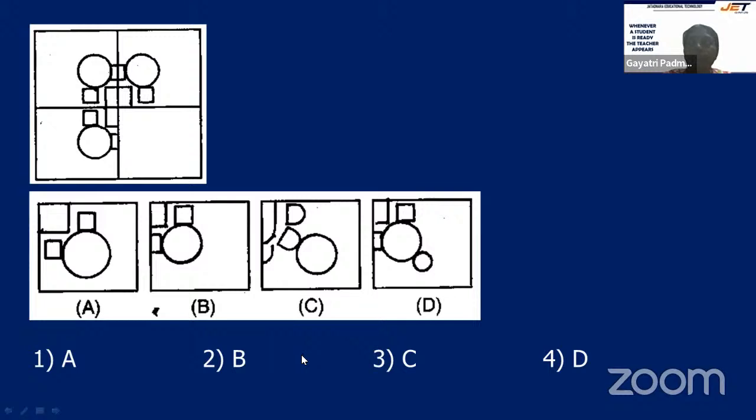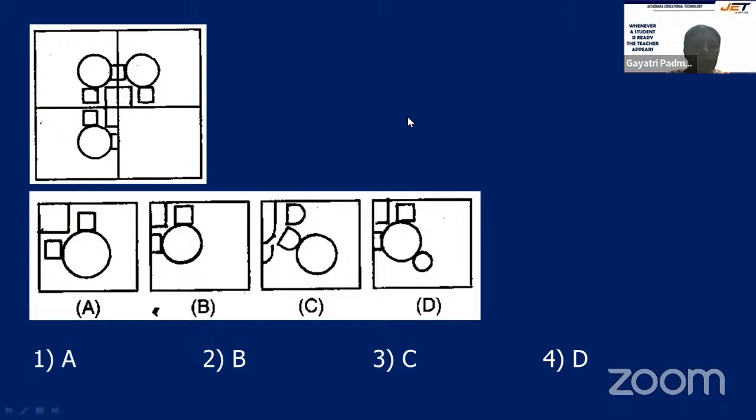We have four figures. What should be the unknown one? Is it option A? Is it option B? Option C or option D? Your time starts now. Is it option A, option B, option C, or option D?